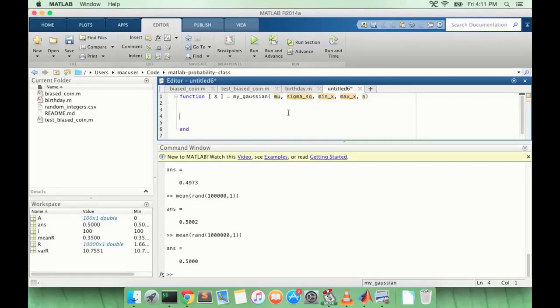So n will be the number of different values between min x and max x. We're going to start our little x value at min x, and then we want to know how much to increment x on each iteration of the loop.